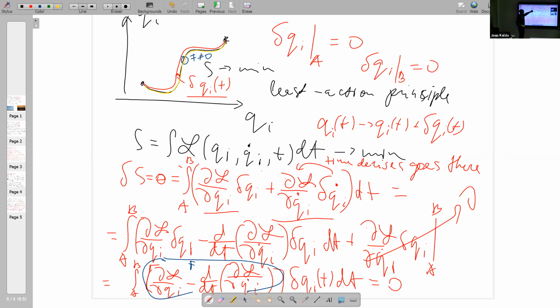If there is a single point where f is not 0, we can make the variation whatever we need, positive or negative. So in order for this expression to be 0 for whatever variation we have, we need to have f equal to 0 everywhere. So we need to have f equal to 0.